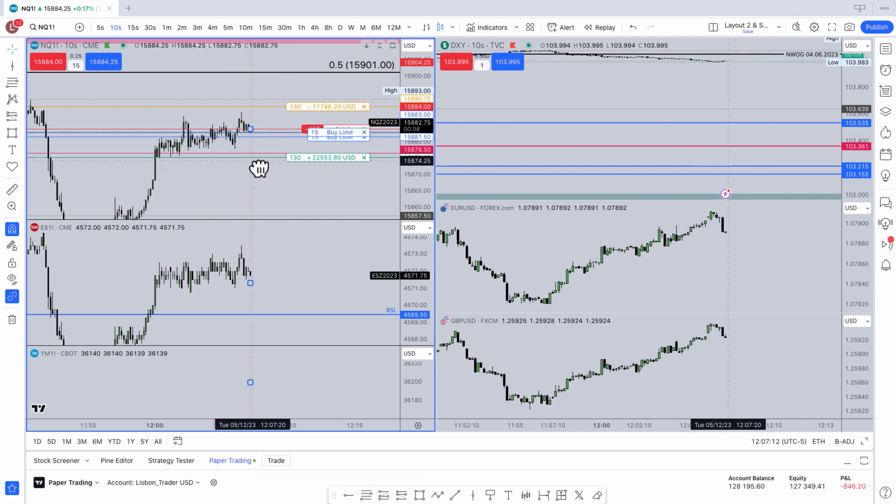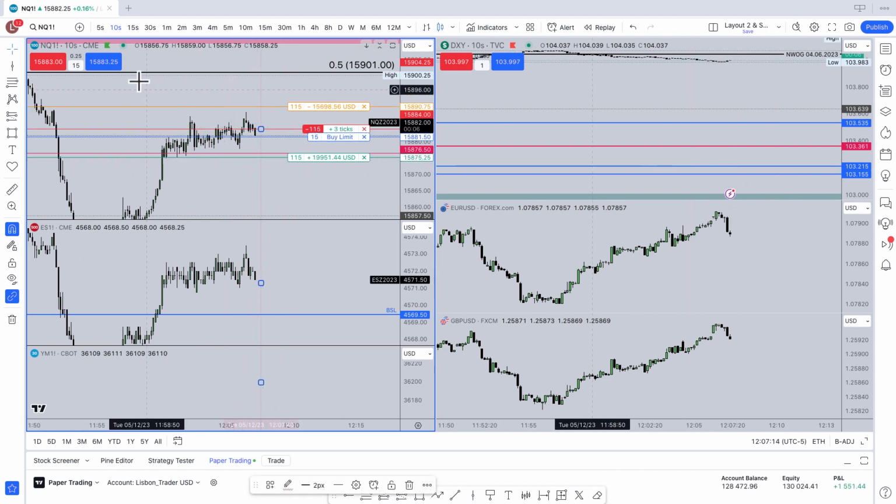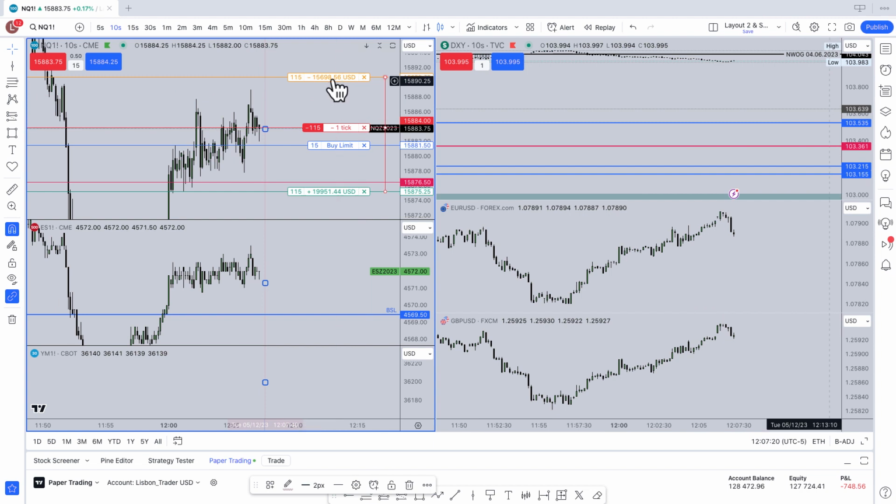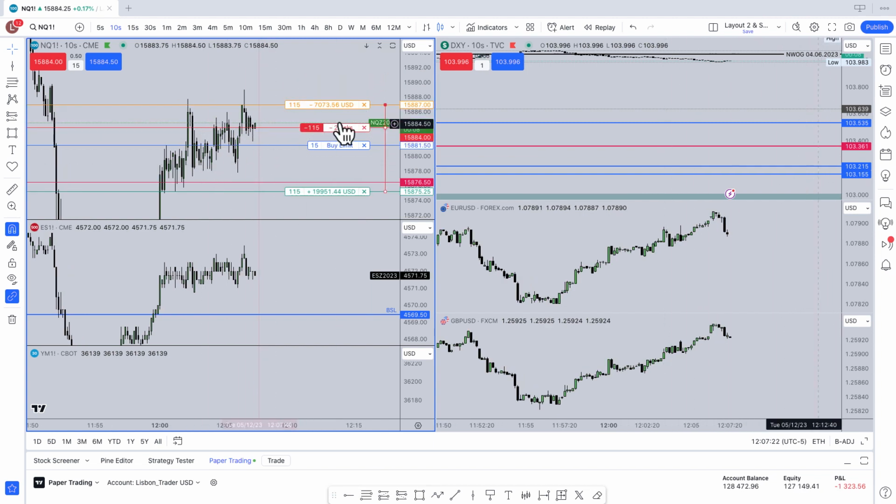So 2.8 there. 130, so I'll call it a day at these levels.